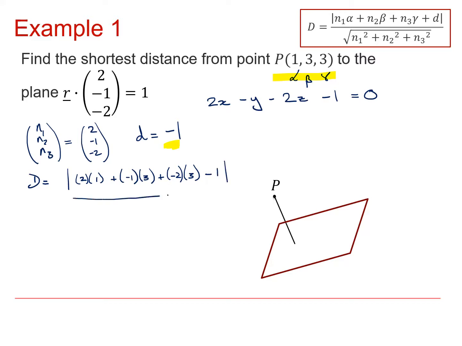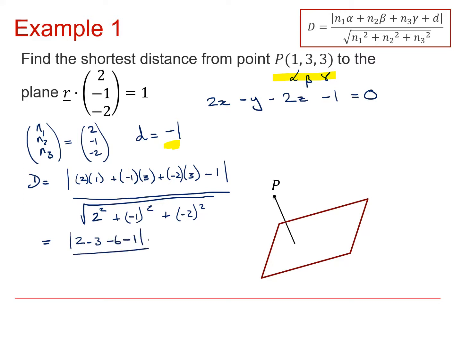And then on the bottom of this fraction, we've got the square root of n1 squared, so that's 2 squared, plus minus 1 squared, plus minus 2 squared. If we work all of that out, I get 2 minus 3 minus 6 minus 1 on the top, and it's the modulus of that, all over 4 plus 1 plus another 4, so that's root 9 on the bottom.